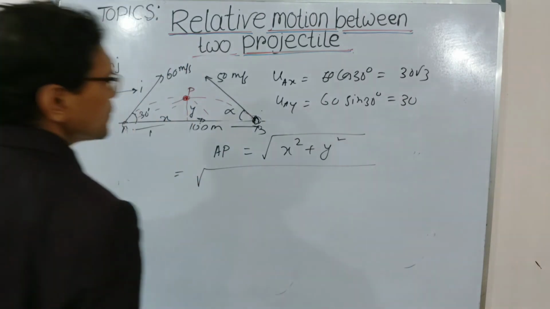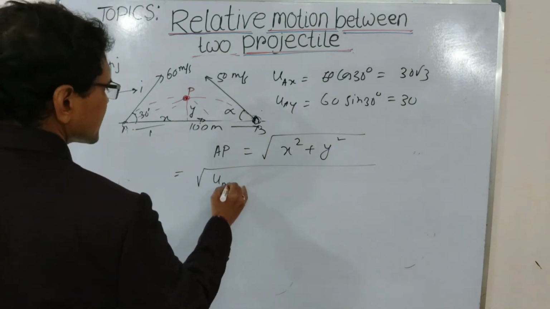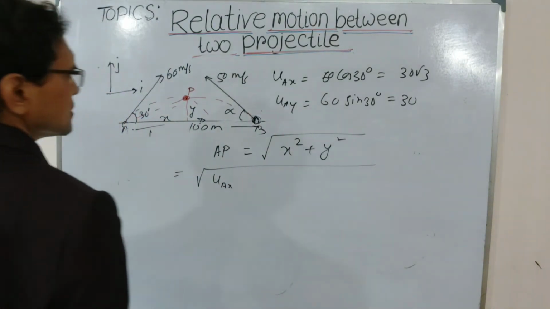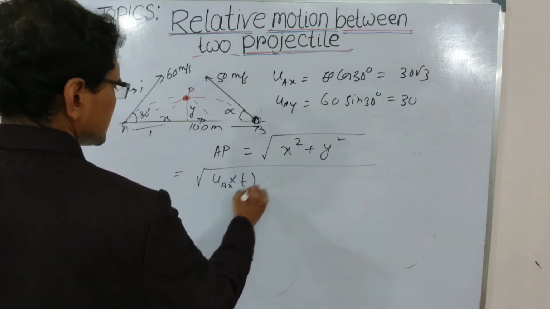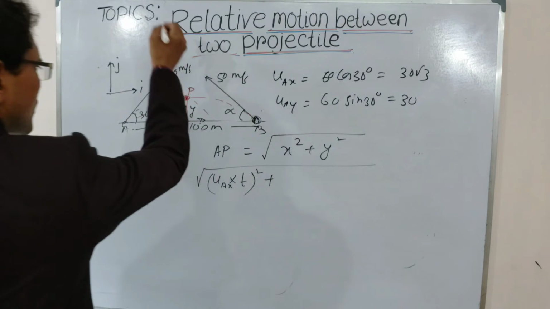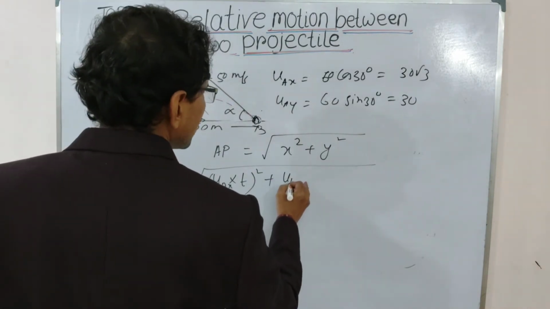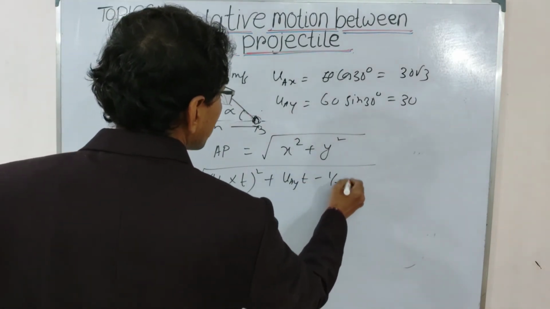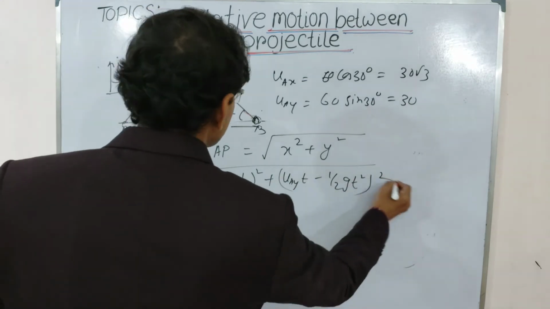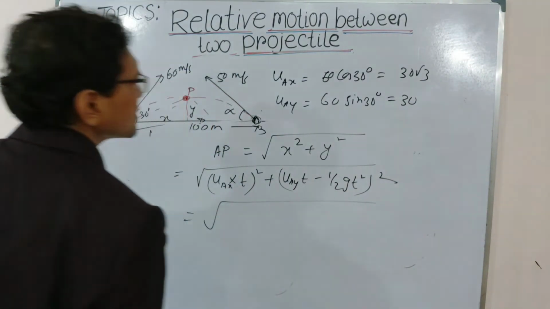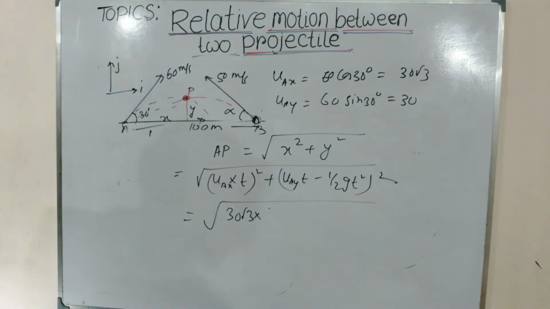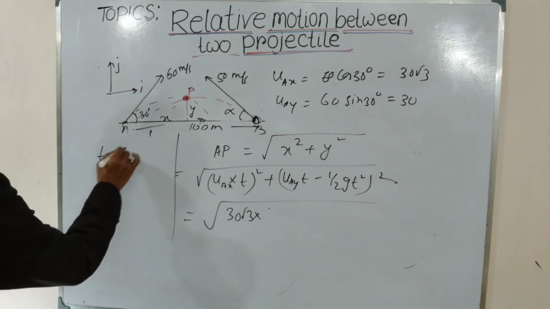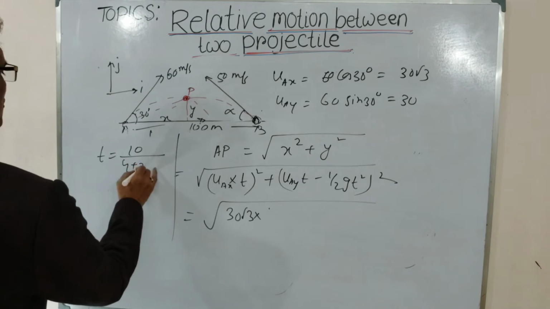So X equal to UAX velocity into time T, and Y is along the Y direction, so this is UAY T minus half GT square, whole square. So put here UAX T equal to, we get T equal to 10 by 4 plus 3 root 3.